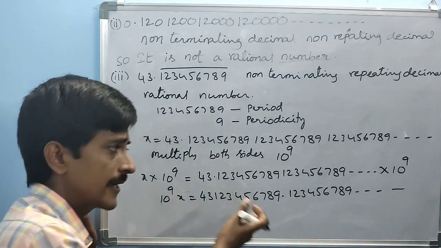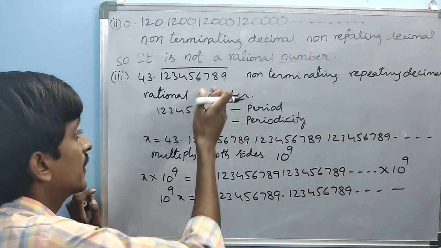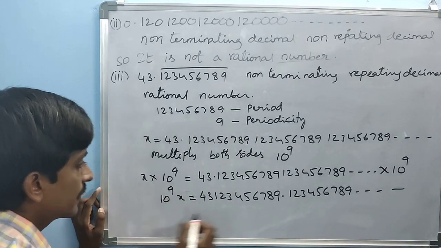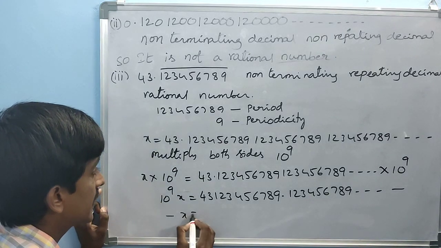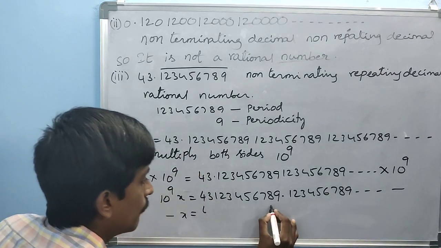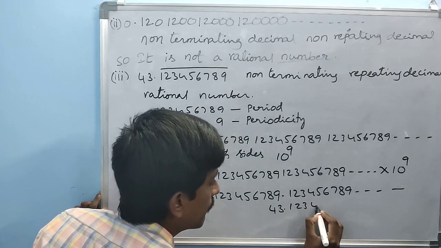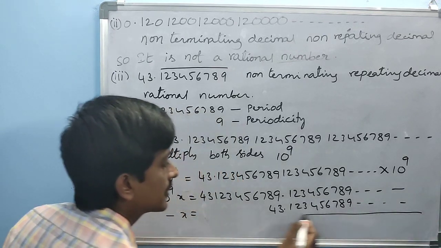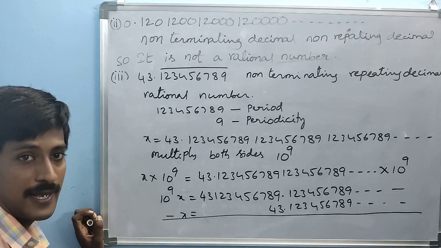Already you learned in 8th class and 9th class how to convert a decimal into rational numbers. Now subtract x from both sides: 10 power 9 x minus x.